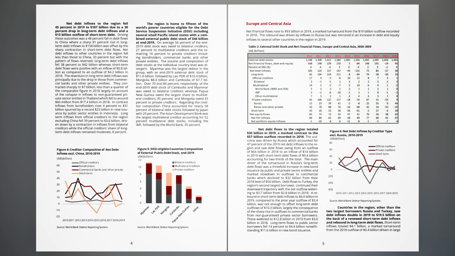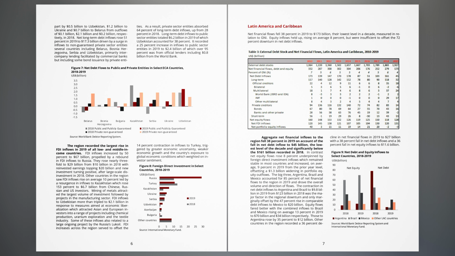Short-term inflows totaled $4.1 billion, a marked turnaround from the 2018 outflow of $0.4 billion, driven in large part by $0.5 billion to Uzbekistan, $1.2 billion to Ukraine and $0.7 billion to Belarus, from outflows of $0.1 billion, $2.1 billion and $0.2 billion, respectively, in 2018.